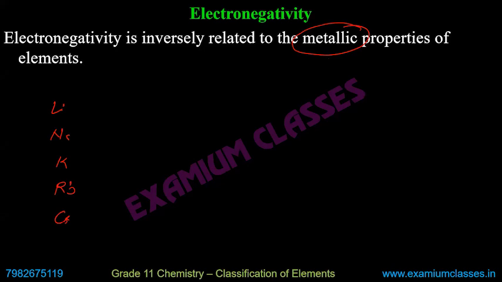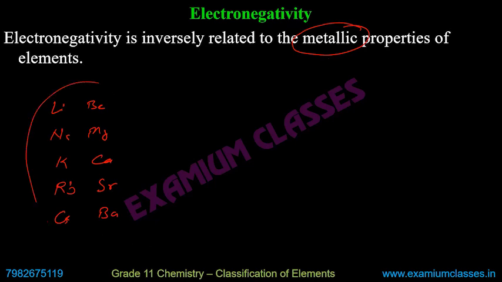Francium I don't write because that chemistry is not in your syllabus. That is a radioactive element. Then I have beryllium, magnesium, calcium, strontium, barium. And radon, I don't write, that is radioactive.